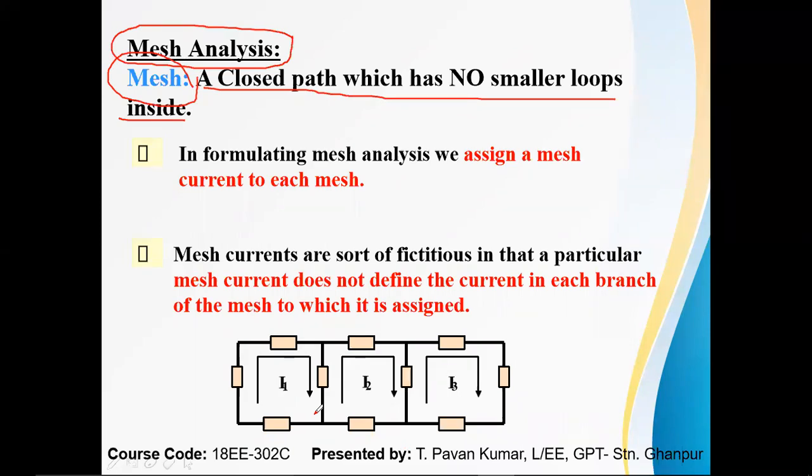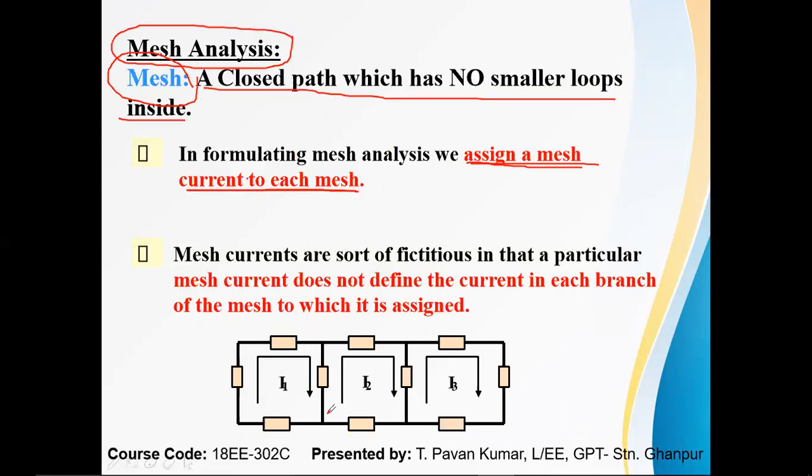So here there are some important points for mesh analysis. In formulating mesh analysis, we assign a mesh current to each mesh. Try to remember these highlighted words. While solving problems using mesh analysis, first I need to assign a mesh current to each mesh.